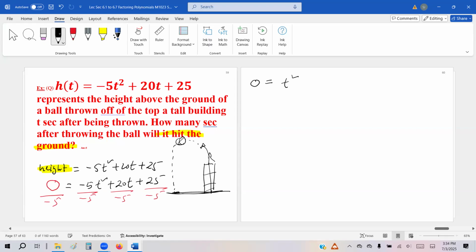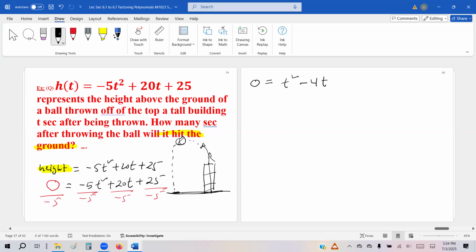The negative 5t squared becomes 1t squared. The 20t divided by -5 gives you what? 4. Positive or negative? Really? You have positive 20 divided by -5. Negative 4t. And how about the last one?